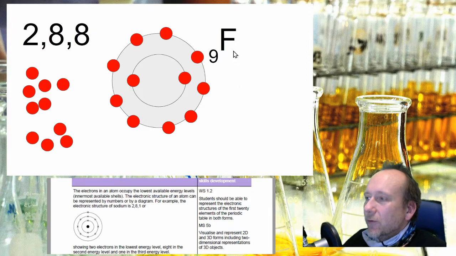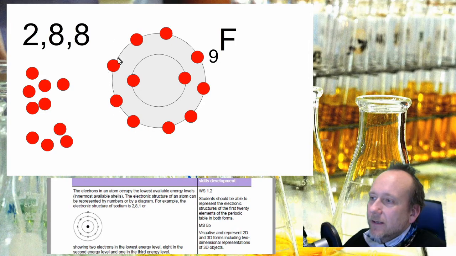This is fluorine, and fluorine has got an atomic number of 9. That means it has 9 electrons. I'll give you 5 seconds. Okay, so this is why I pair up my electrons, because if you count them here, you will find that there are actually 9 electrons on that second shell, and there are a total of 11 electrons, therefore.